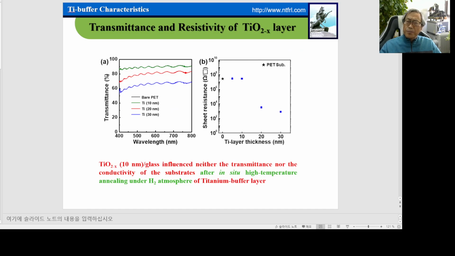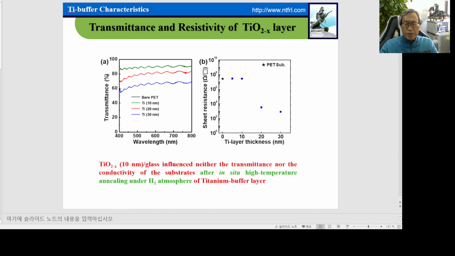But in our case, we don't need to transfer the graphene to the functional substrate. In that case, it is important that the titanium buffer characteristics are without influence from the substrate. This is the transmittance and sheet resistance change of the titanium buffer layer with different thickness.